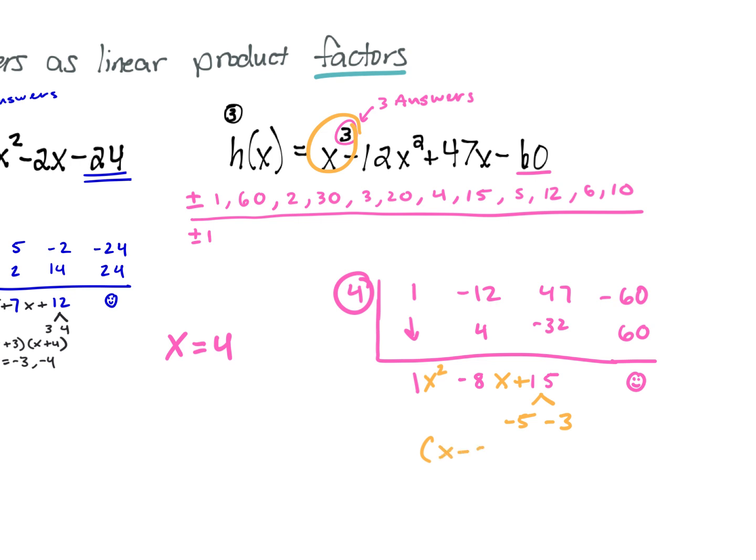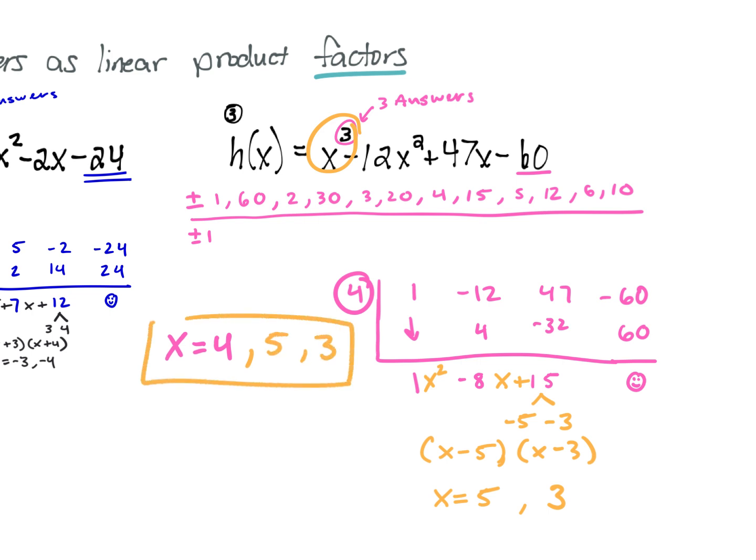Perfect. So x minus 5 and x minus 3. What does x equal? Positive 5 and positive 3. So I'm going to add those to my list, 5 and 3. x minus 4, x minus 5, x minus 3.